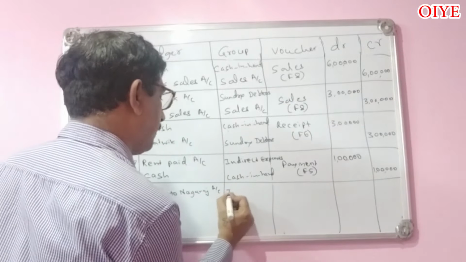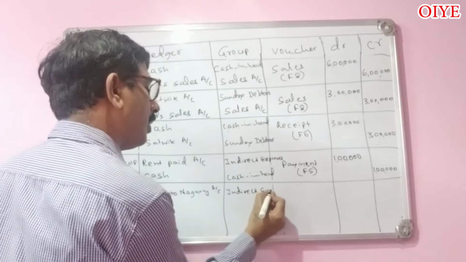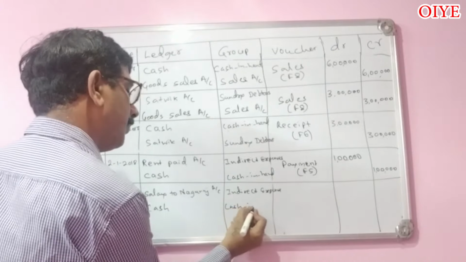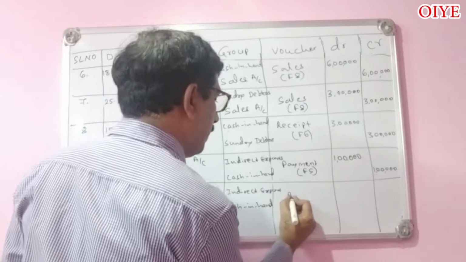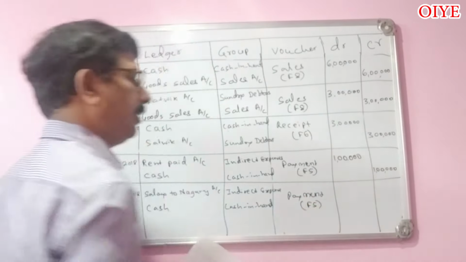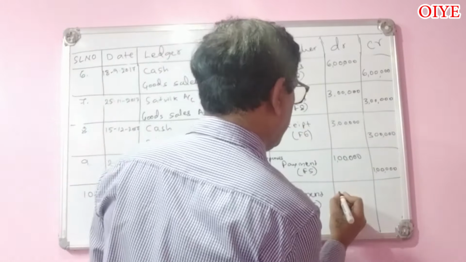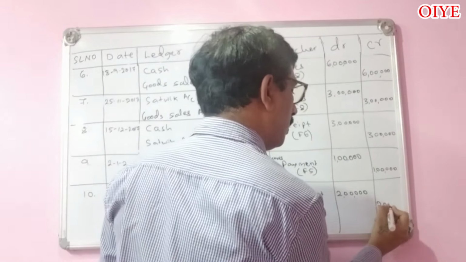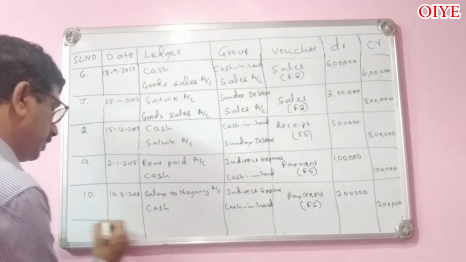Salary is one type of indirect expense, and the cash in hand. The voucher is payment, shortcut key is F5. And the salary paid is 2 lakh. So the 10th entry is over.